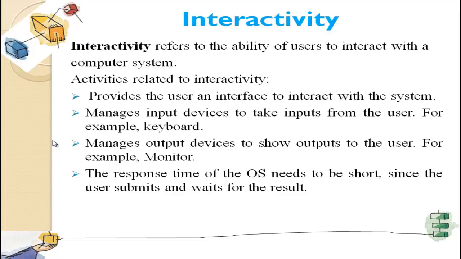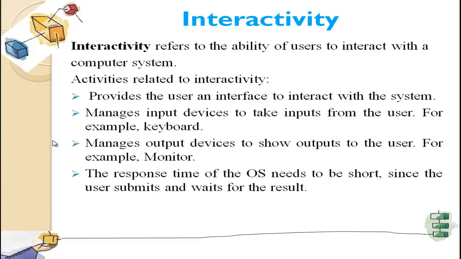Another important activity that is related with the operating system is interactivity. If you remember, in the first class I told you an operating system acts as a bridge between a user and the hardware. That means if there is interactivity between the user and the system, then only they will be able to communicate.